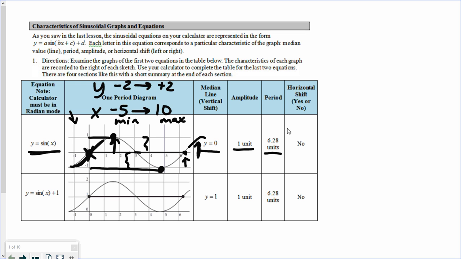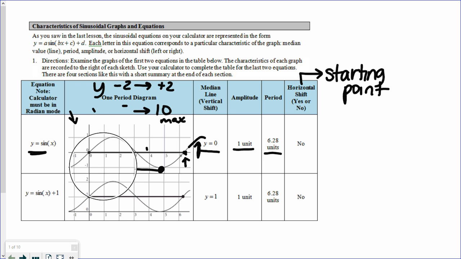The last one says horizontal shift, yes or no. The way you can tell if there is a horizontal shift is based on the starting point. Again, the starting point: if you take your graph and you're on the up swoop, where the graph is increasing, the starting point is your midline.